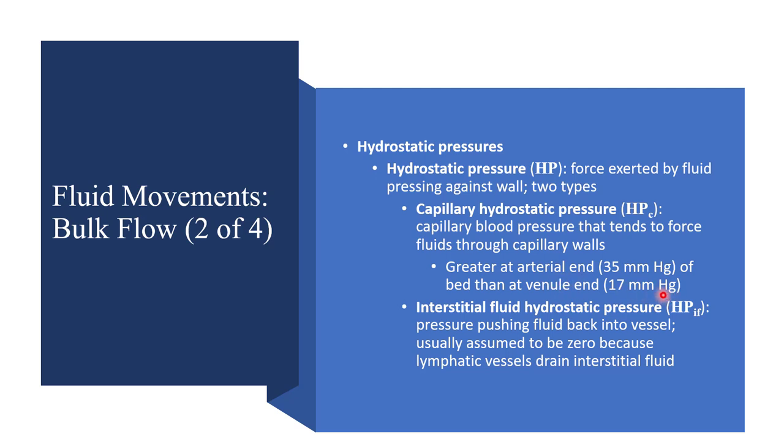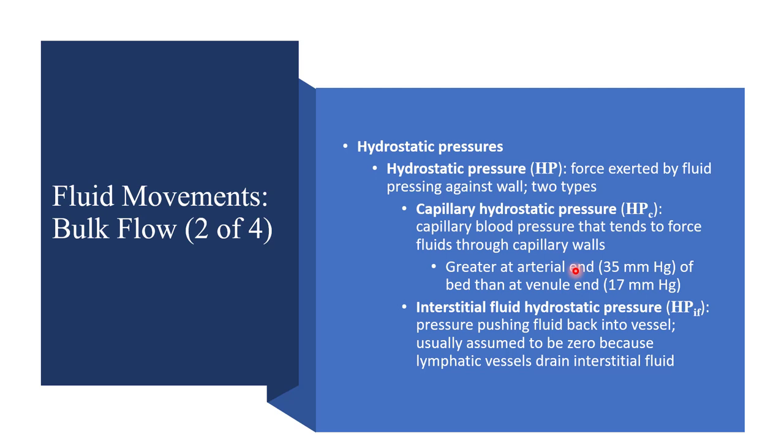Your capillary is connected to the arteries on one end and the veins on the other end. On the arterial side, the pressure there is 35. On the venous side, the pressure there is only 17. So these are almost like two different variations. Now, in the interstitial tissue, there's also fluid. The interstitial fluid hydrostatic pressure is the pressure pushing the fluid back into the vessel.